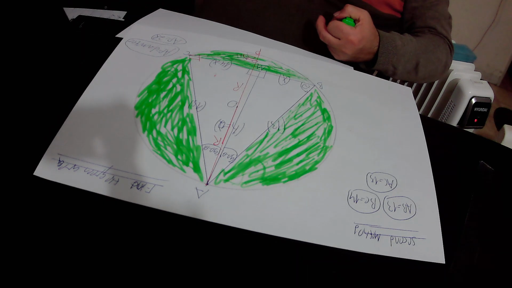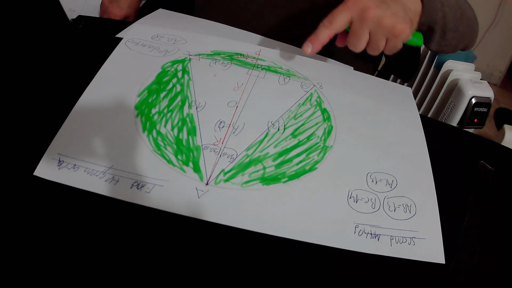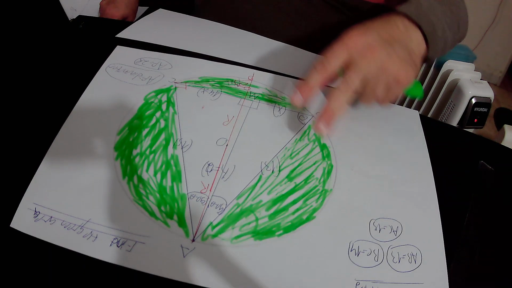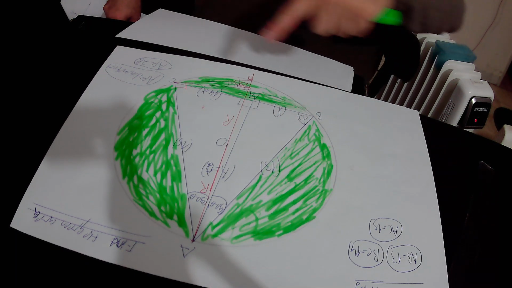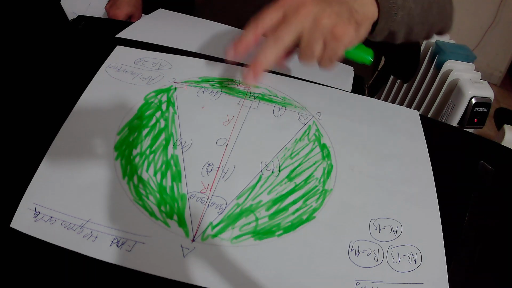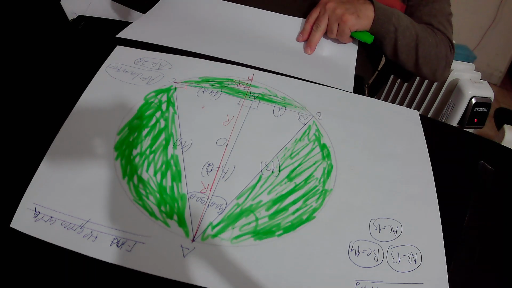And what is the area of this circle and what is the area of the green shape? From the drawings it's very easy to see that the area of the green shape equals the area of the circle minus the area of triangle ABC. So I write it down.